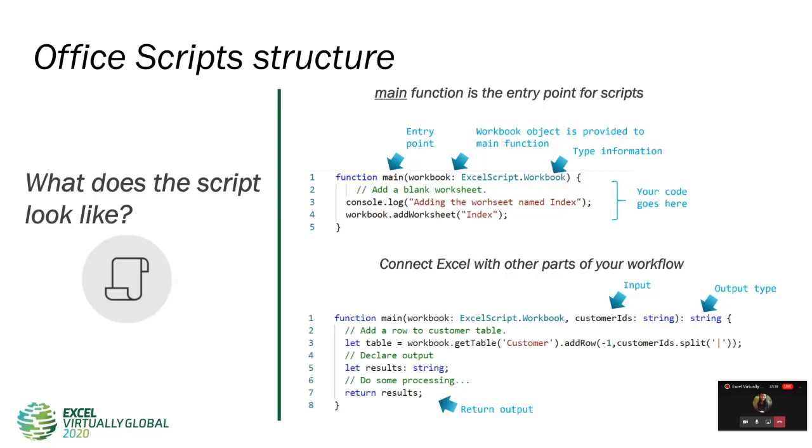Imagine you have an input that you're going to receive from maybe a previous process or a previous script. You can define that, saying here's something that I'm going to receive. And next, you can declare that, as part of this script, I'm going to do a unit of work and return some output. So this is saying that I'm going to return something out.